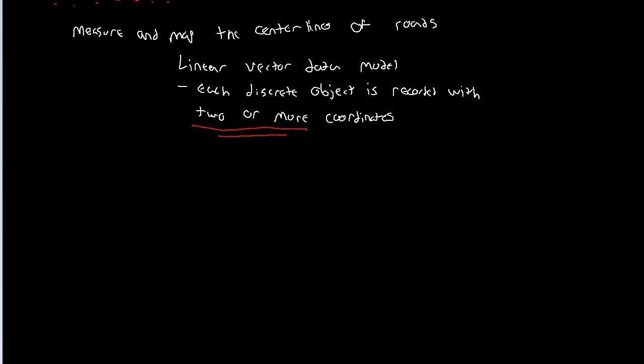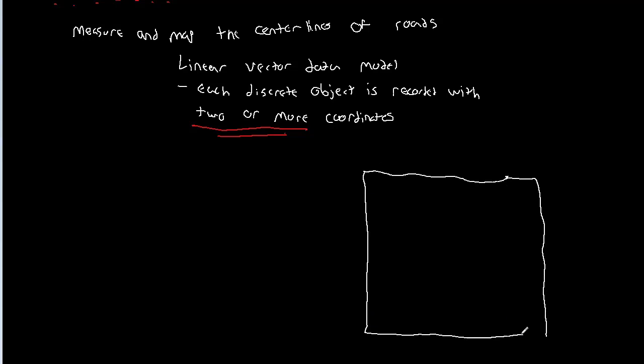So let's talk about how this might work in terms of mapping roads. So let's go ahead and create ourselves our little, so this would be the end result visualization over here. And let's say we have 3 roads.